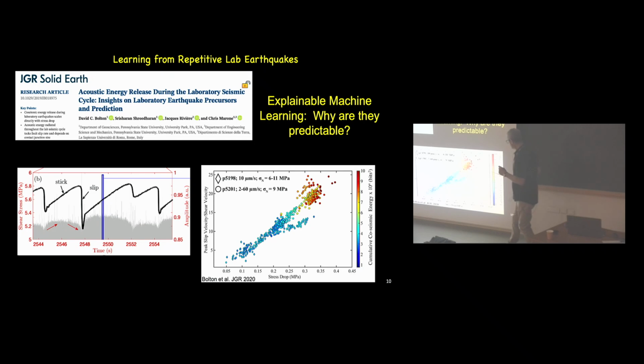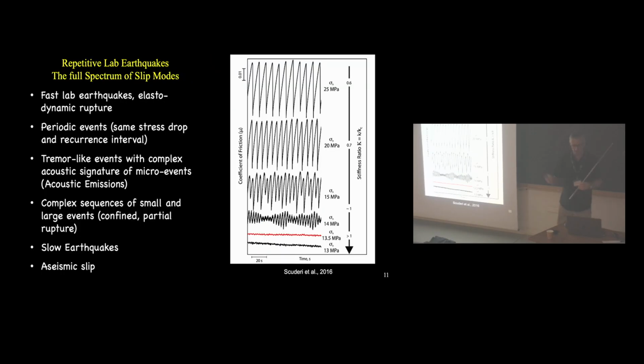And what you also see here is that for bigger stress drop events, there's a lot more acoustic energy that is released during the seismic cycle, okay? So I'm showing you this for one reason, and that is to again emphasize the idea of running experiments where you have lots of events, and that helps us understand them, and it also helps us understand how to put it into that context.